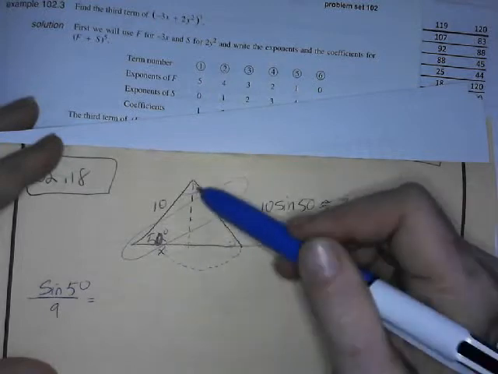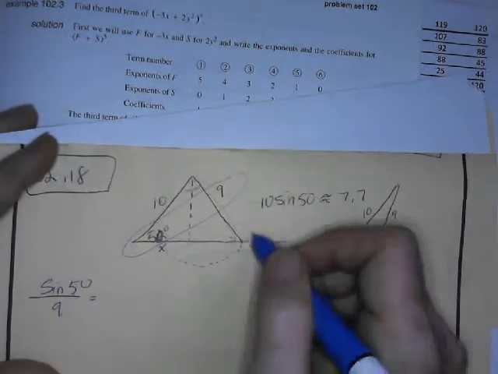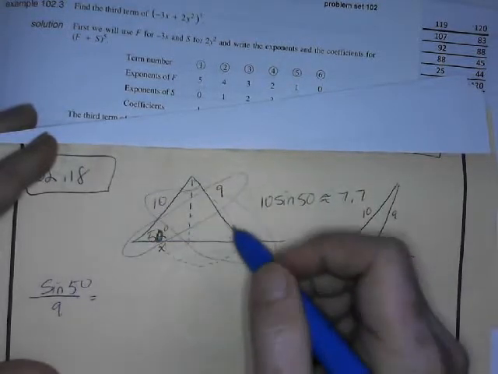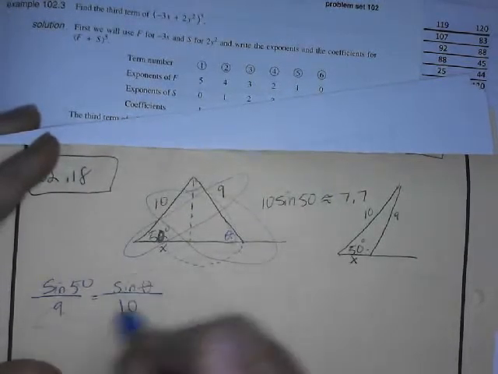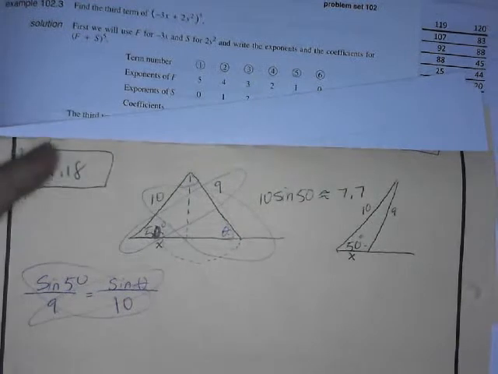So sine of 50 is to 9 as sine of theta is to 10. It's kind of a roundabout way of doing it, but we don't have much choice here.